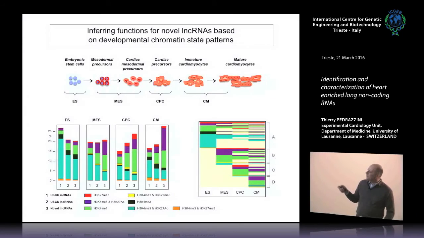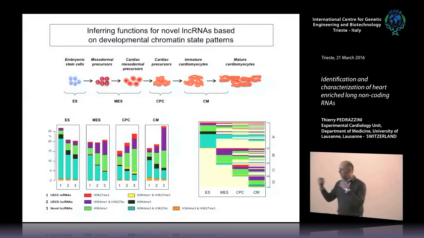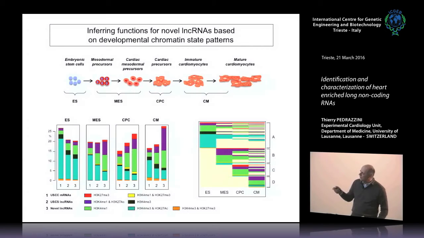What is very important, you can also analyze this dynamically, and you can define enhancer-associated lncRNAs that are only active at a particular stage, not during the subsequent stages of differentiation. This is a more evident situation in which you have active enhancers that are only active in cardiomyocytes.